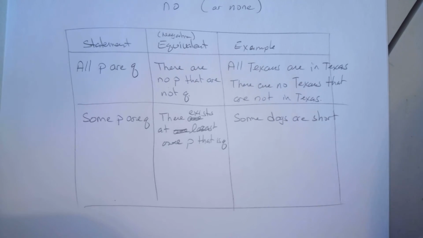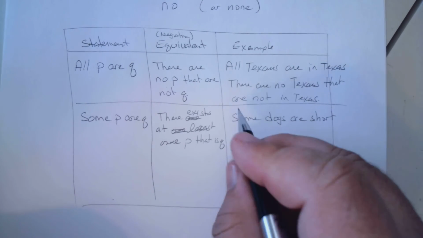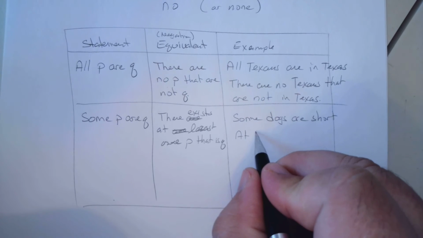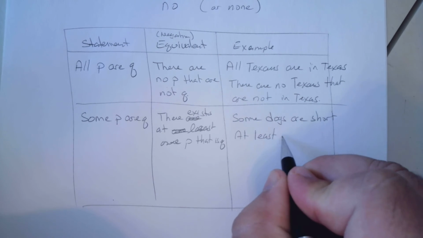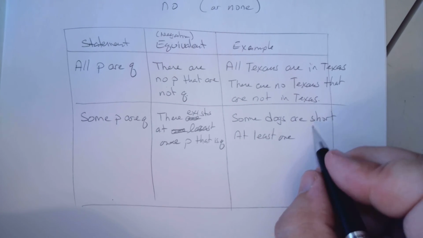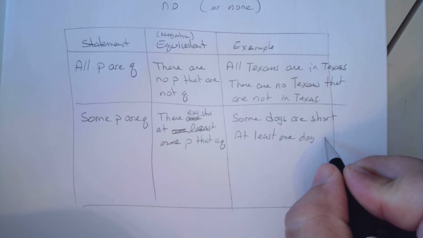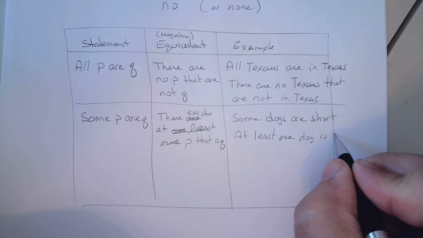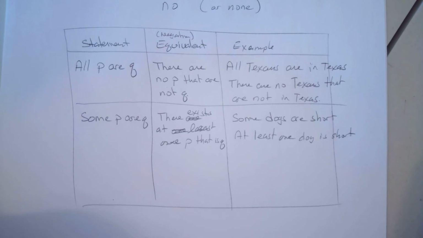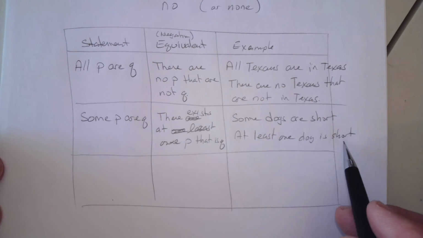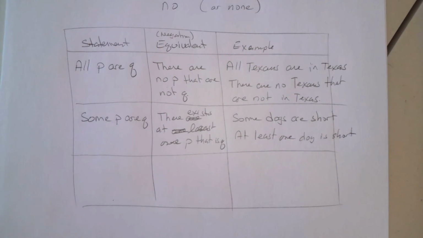I'm looking at my dogs. Another example would be at least one dog is short. There could be more, there could be one, but it has to be at least one.